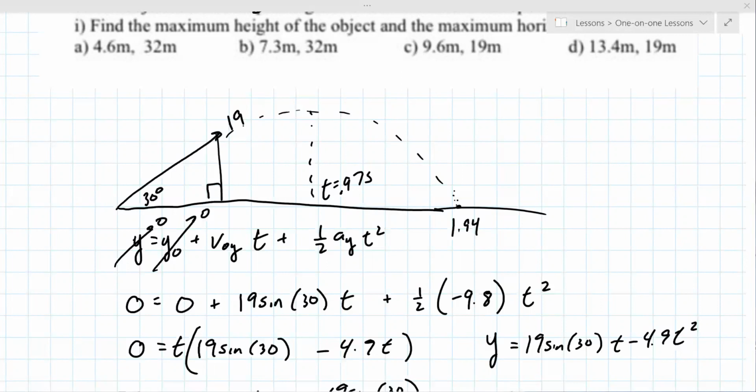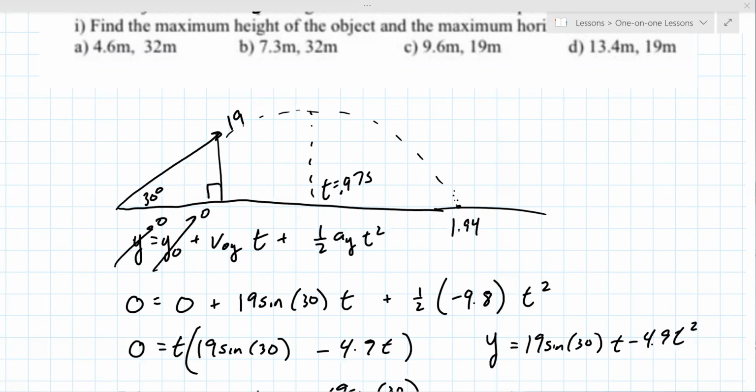I got 9.215 minus 18, which would be negative 9.22664. Okay, so I'm going to calculate here. It's 19 sine 30, and you said time is 1.94, but you cut that in half, so 0.97 minus 4.9 times 0.97 squared. I get 4.6 for that.